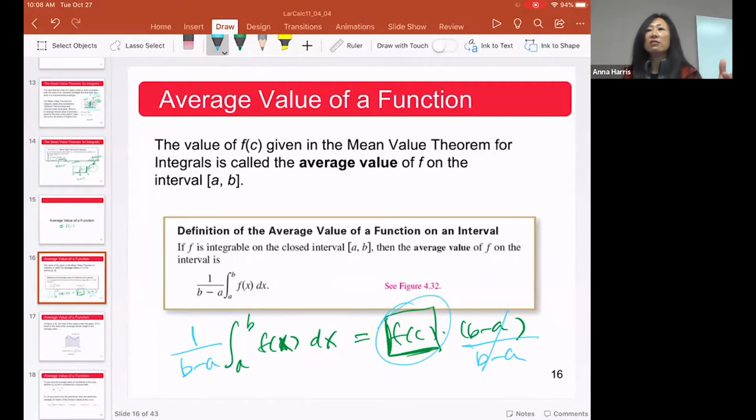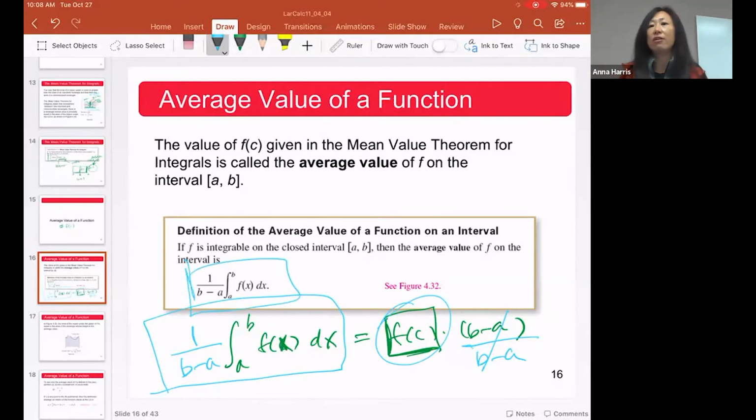The average value of a function, which is the average height, is the same as the integral divided by b minus a. Does everybody see how you got this one? This is equivalent to what we were doing before with the mean value theorem. The average value of a function came from the mean value theorem, which is the average height, f of c.